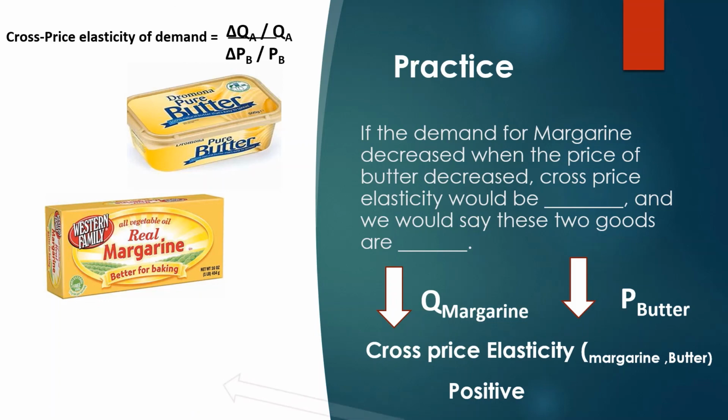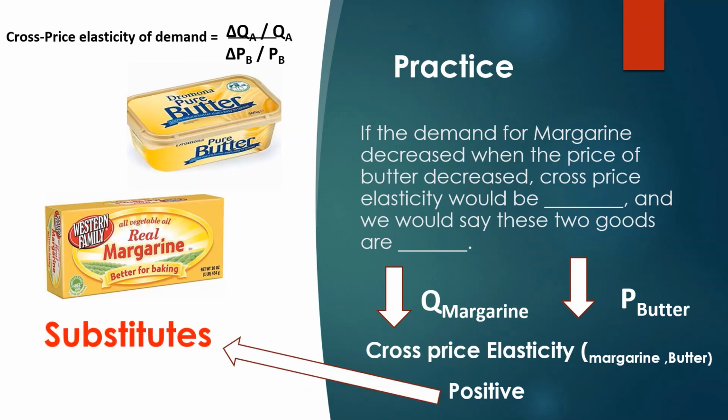And this indicates that butter and margarine are substitute goods. Substitute goods are those goods which can be demanded in place of each other. So you can replace one good with another. You can replace margarine with butter or butter with margarine.